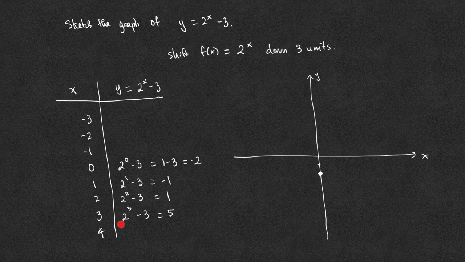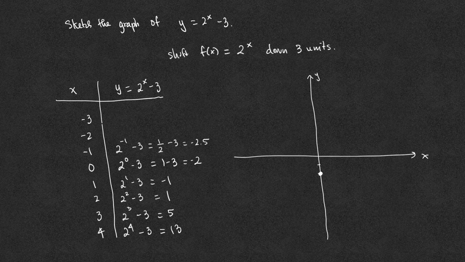And when we plug 4 into the equation, this is 2 to the 4th minus 3. 2 to the 4th is 16. 16 minus 3 is 13. Similarly, we plug in negative 1 into the function. 2 to the negative 1 minus 3: 2 to the negative 1 is the reciprocal, 1 over 2. 1 over 2 minus 3 is negative 2.5.